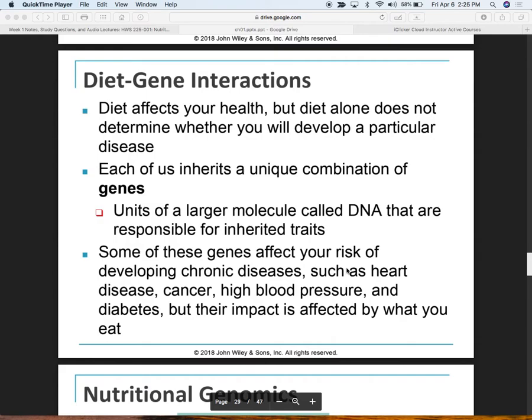And when your diet, which is part of your environment, and those genes interact, it leads to the outward expression of characteristics, which is called a phenotype. So there's genotype, which are the genes, and then there's phenotype, which is the outward characteristic that's expressed.